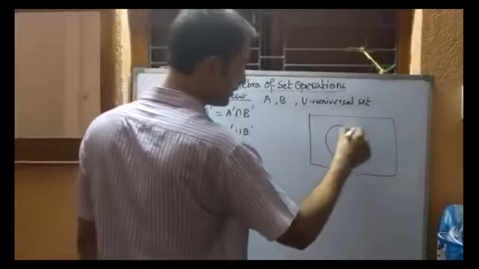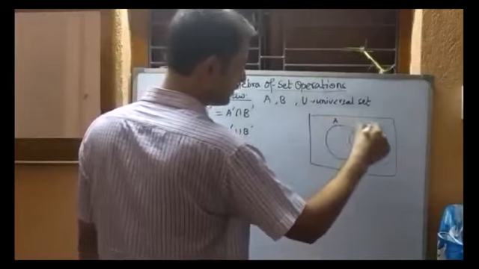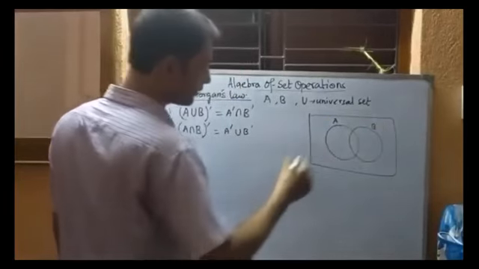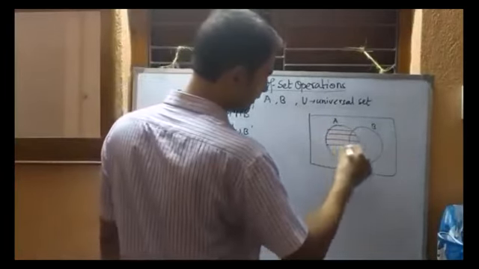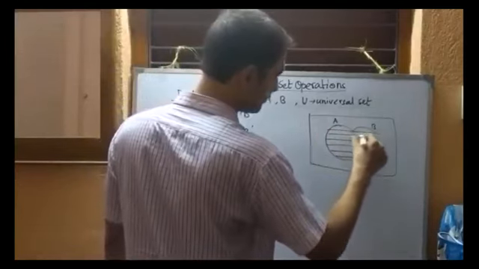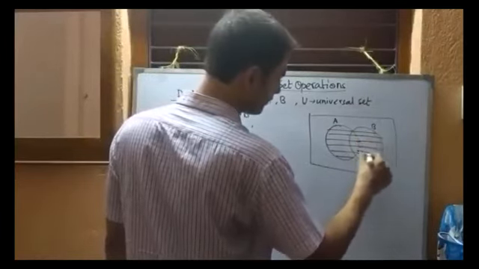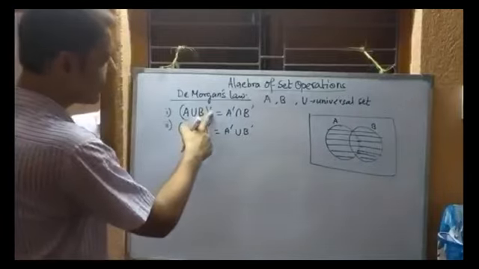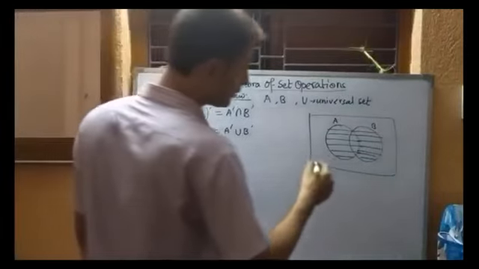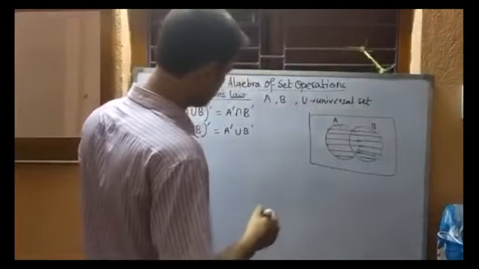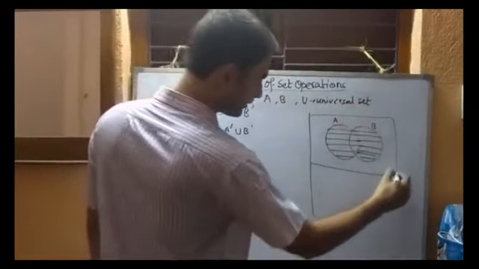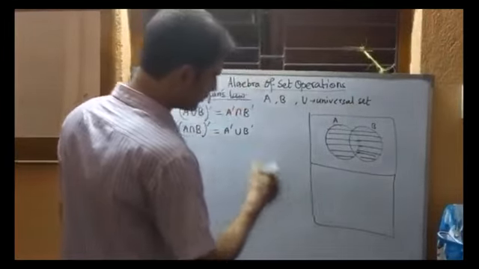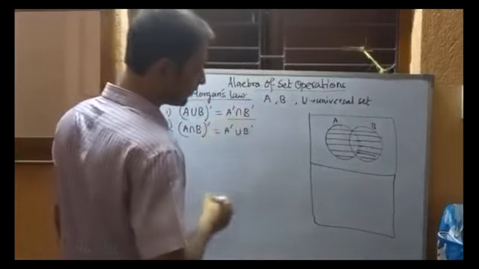So take A and B here. First you shade A union B for the proof of part 1. And now consider the complement. So the complement is the outside. And let us draw the Venn diagram for the right side, that is A complement intersection B complement.